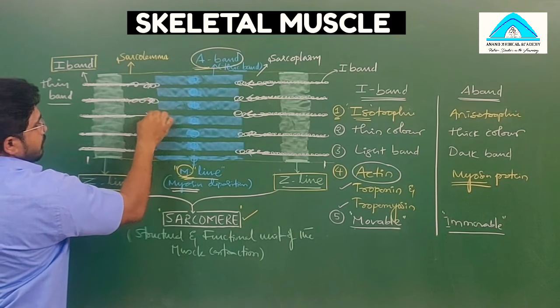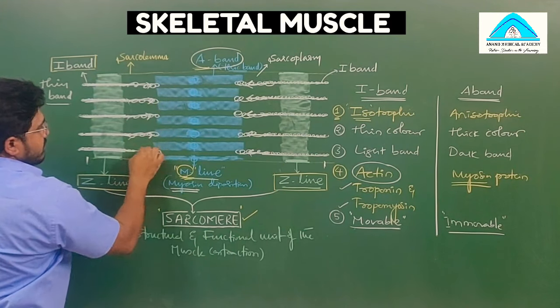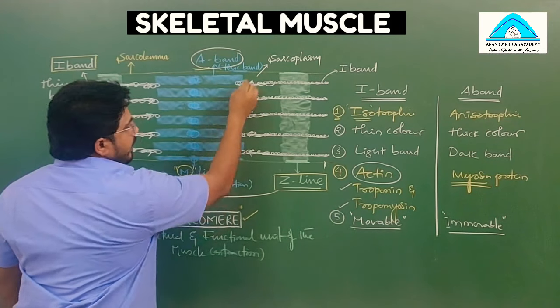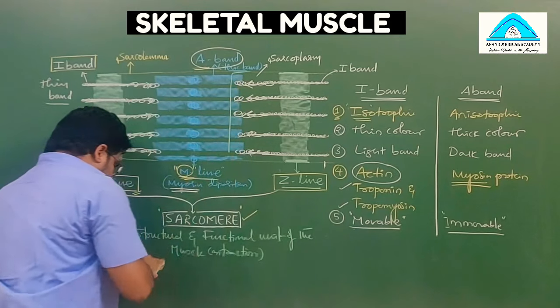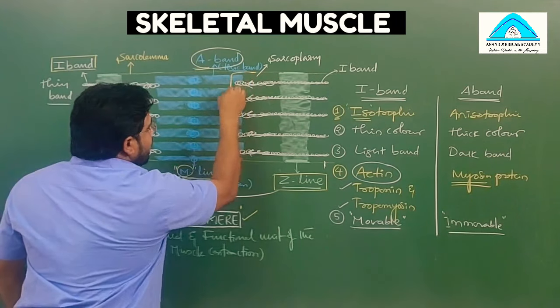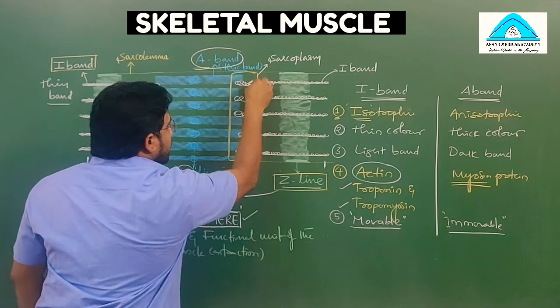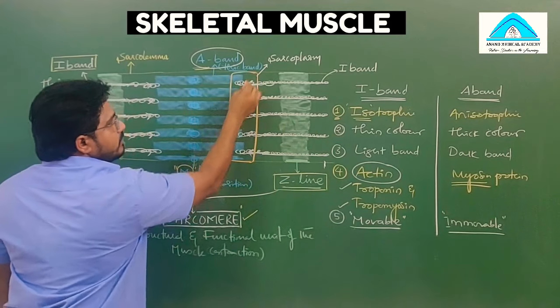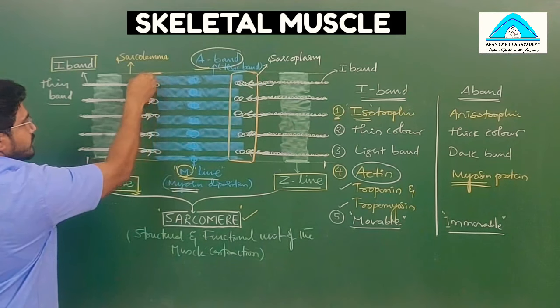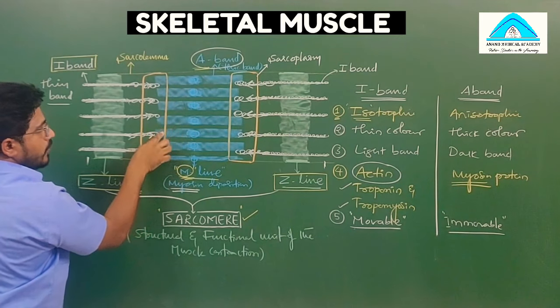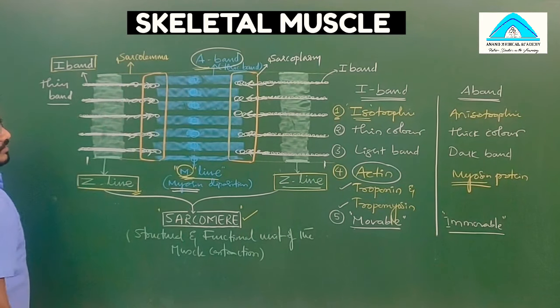Remember, I said both the sides, not one side. Generally it is a light band, and this is a dark band. But in this portion, if you observe clearly, where I bands have slid over the A band, not the entire I band is slid, only this portion. Like that, on this side also, some portion of the A band is overlapped by the I band.